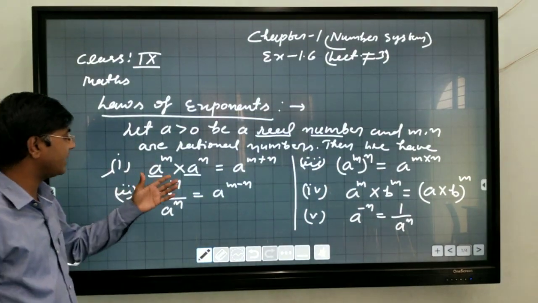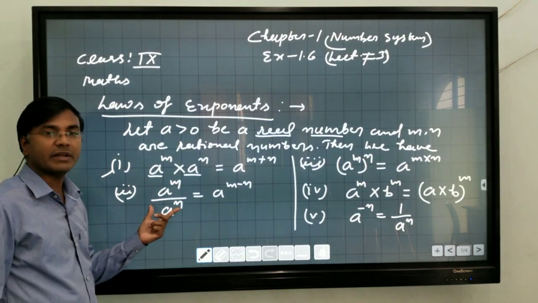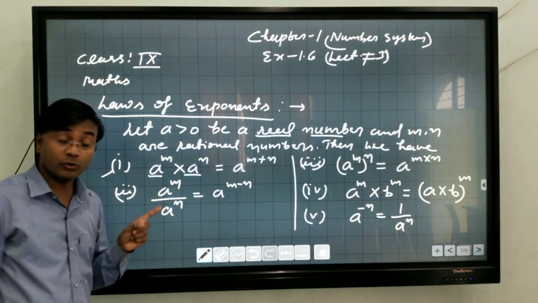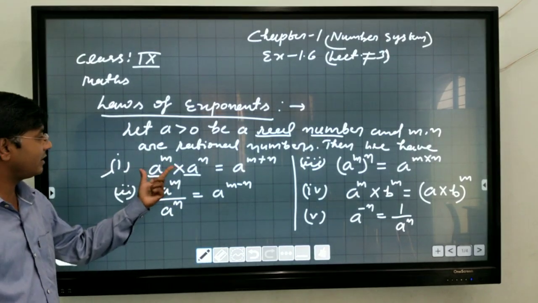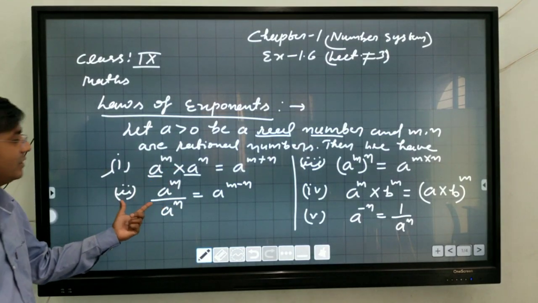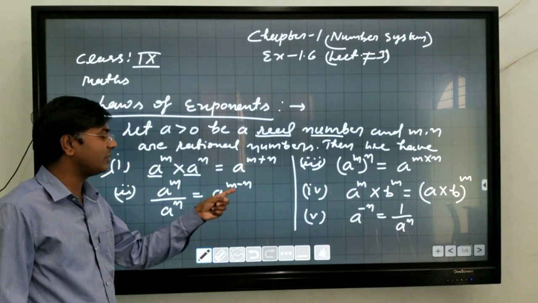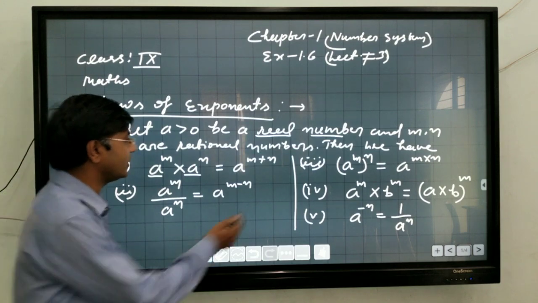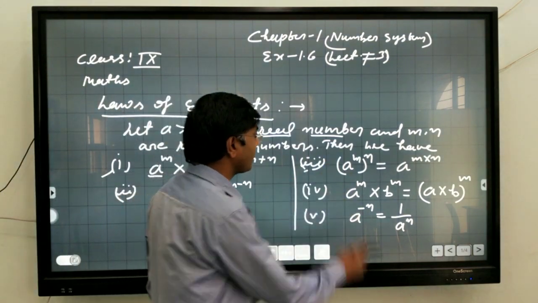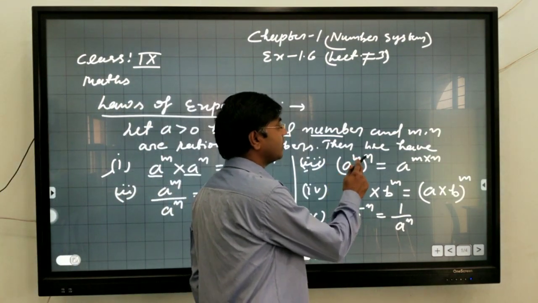Second, a raised to the power m divided by a raised to the power n. Here also we notice the base is the same and the exponents are different. Earlier we were multiplying and here we are using division, so in division the powers can be subtracted. This is property second. Now property third: a raised to the power m to the power n.